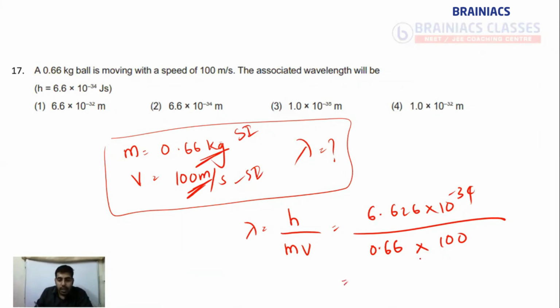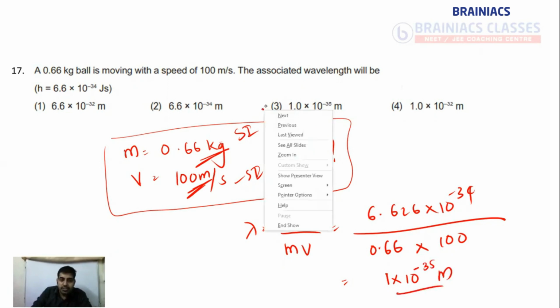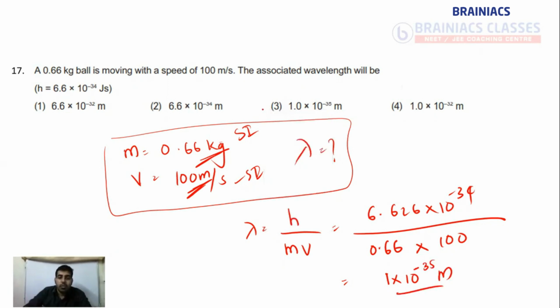After dividing these two numbers, you will get 1 into 10 raised to minus 35 meters. So the answer is option 3, 1 into 10 raised to minus 35 meters. Okay, I think it's clear.